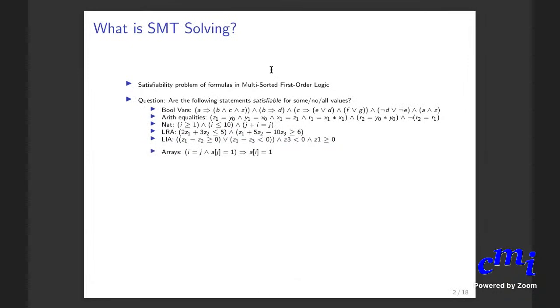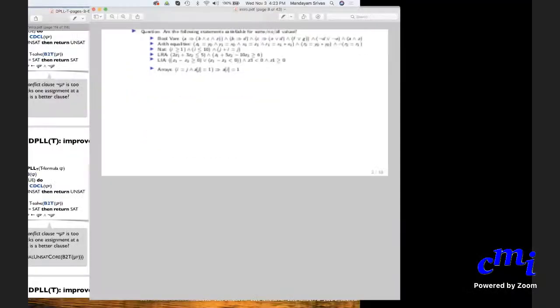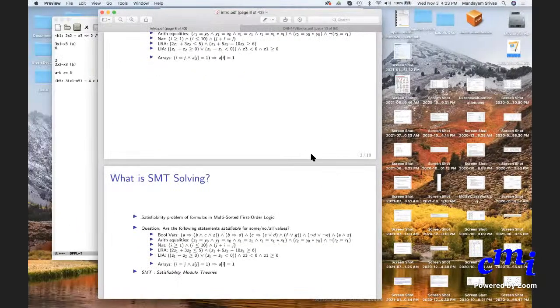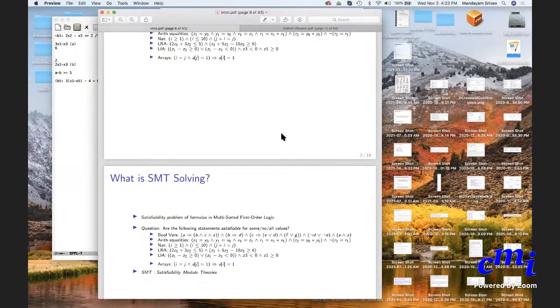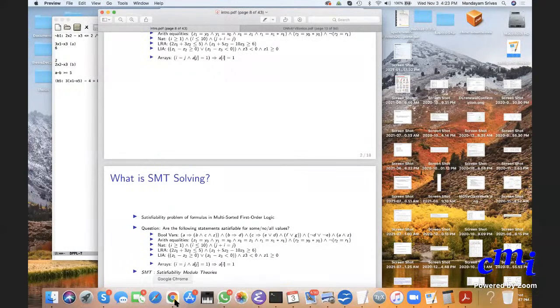That is one way of doing it. Another way is to integrate them more tightly. Those are the two things that we will look at.